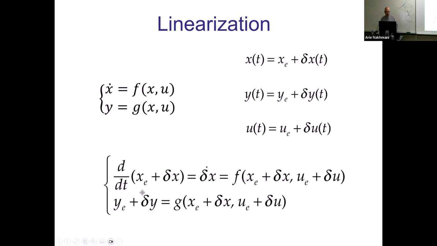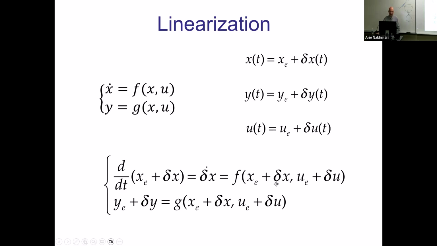Okay, so instead of x, I will substitute that expression, so it will be d/dt of xe plus delta x, and obviously the derivative of something constant is 0, and x equilibrium is constant, right? So I can ignore that. You'll have delta x dot, which is the derivative of delta x, think about that as a single symbol, equals f of that thing and that thing.